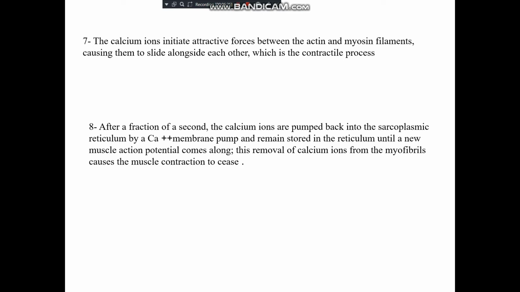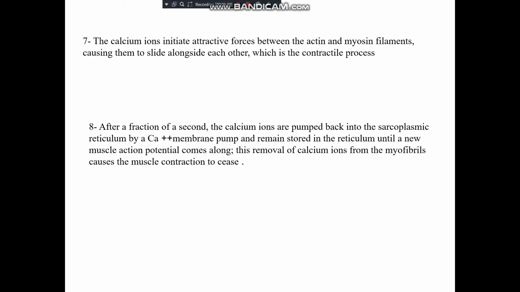Immediately after that, calcium ions are pumped back into the sarcoplasmic reticulum, because there is a calcium ion membrane pump. This pump moves these calcium ions back to the sarcoplasmic reticulum until a new action potential comes along.